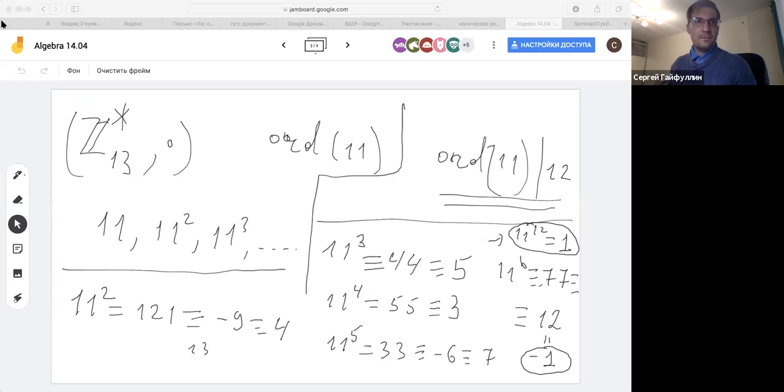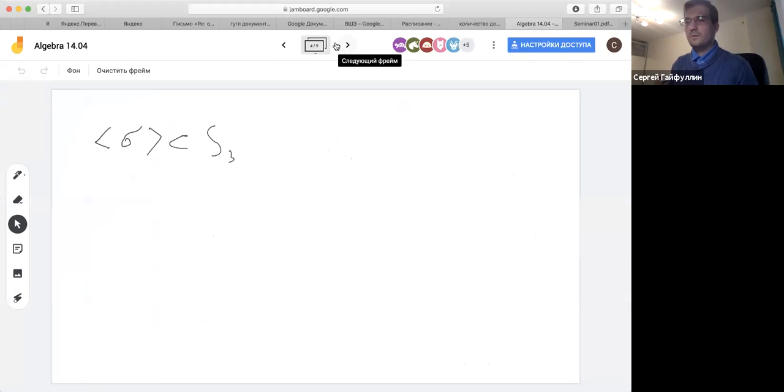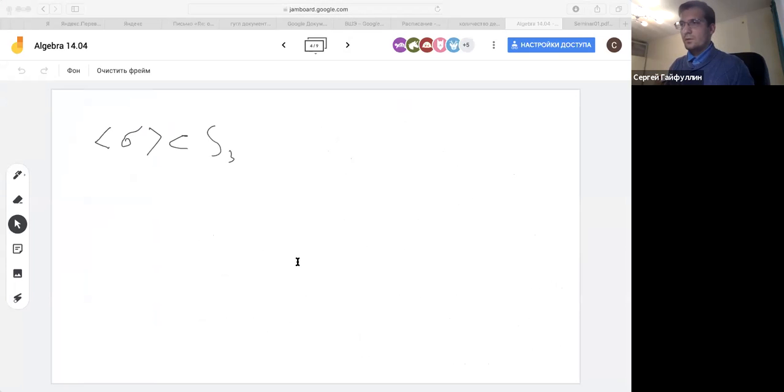Okay, now you can see it. And this subgroup is two variants for sigma. The first is that sigma is just the transposition 1 and 2. Okay, let's begin with it.